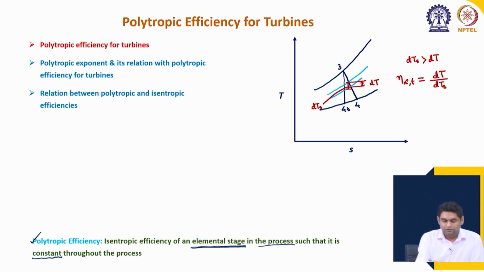We can start from the definition. Let us say that eta infinity is equal to dT by dTs.